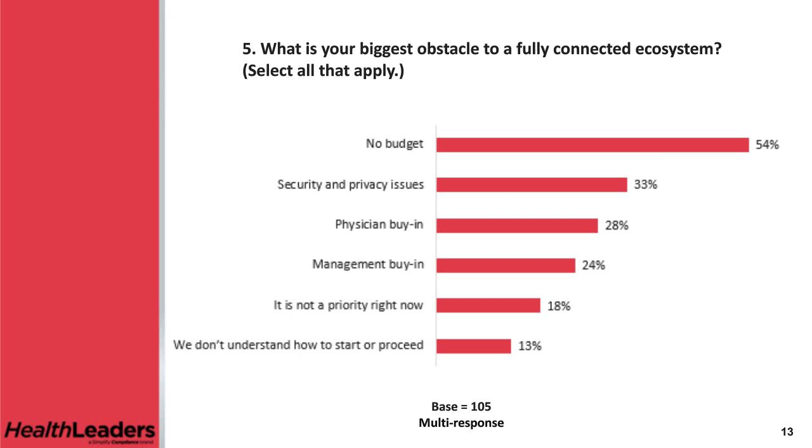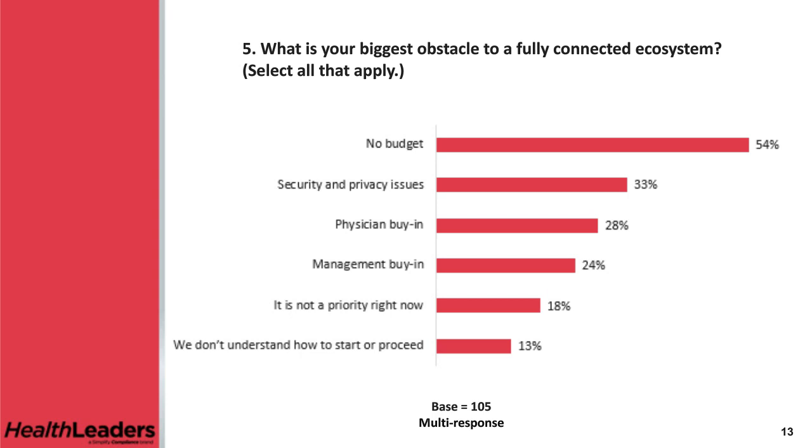I did another deep dive here, just looking at for-profit versus nonprofit, and maybe it's not a surprise, but the number of for-profit people citing no budget is lower. It's 46% for the for-profit people, and it's 62% for the nonprofits.